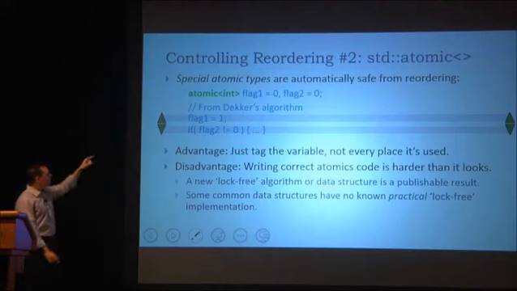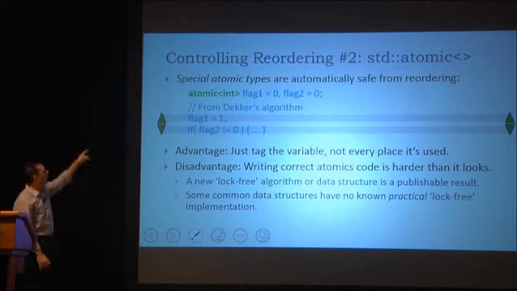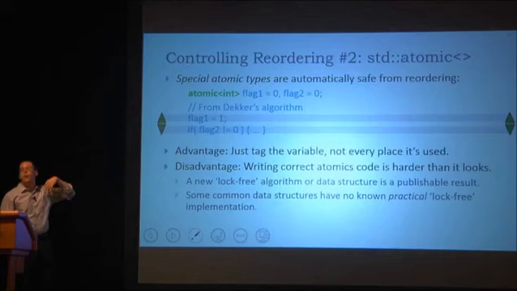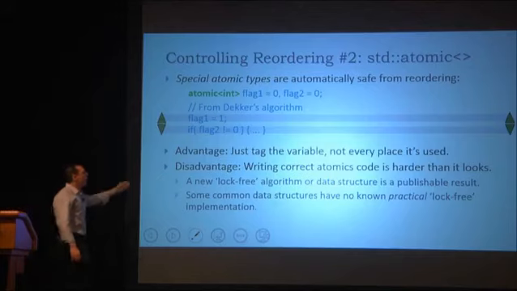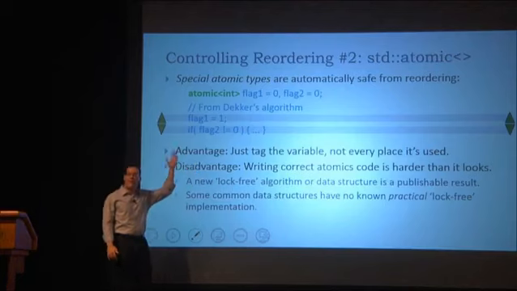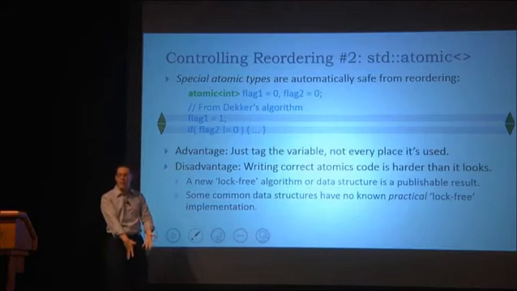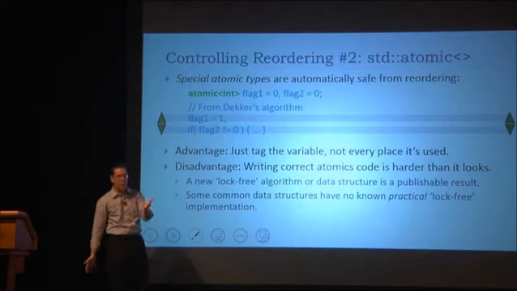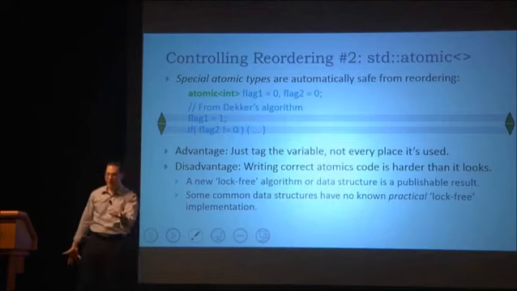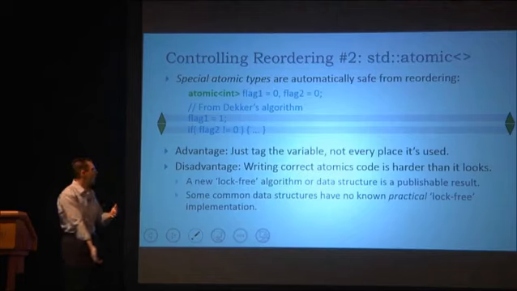Even though it was a store followed by a load, remember pure acquire-release would have allowed you to reorder this, but sequentially consistent acquire-release turns off that one reordering also. And Dekker's algorithm will work if you make the flag variables atomics. The nice part about this is you can just tag the variable once, not every place it's used. So you just say the variable is atomic, and then every place you use it, your program just runs in the order that the source code appears to say.